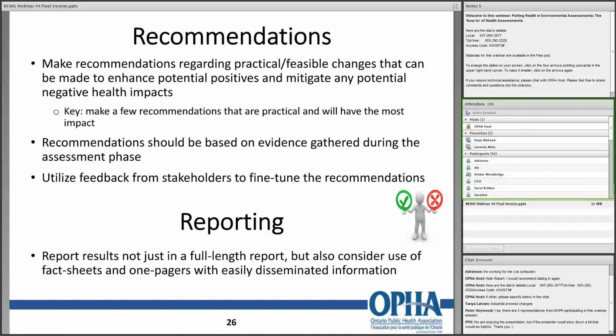These recommendations are based on evidence that is generated during the assessment phase. Then the reporting phase is not just producing one full-length report with all the technicalities that were part of the health assessment, but also considering fact sheets, one-pagers, and information that is easily disseminated and can be communicated quite easily to someone who doesn't have any knowledge of what health assessments are.